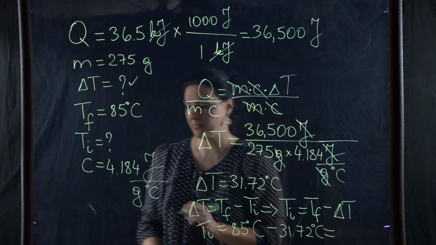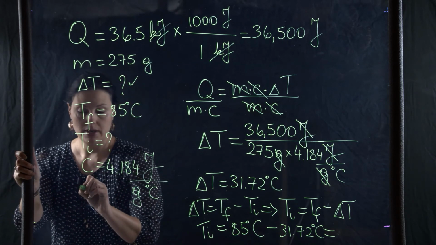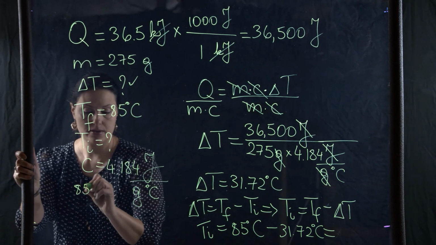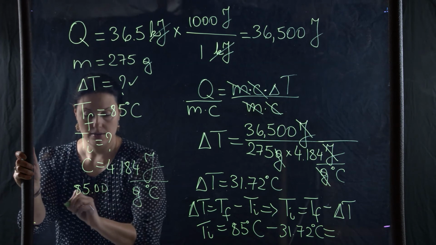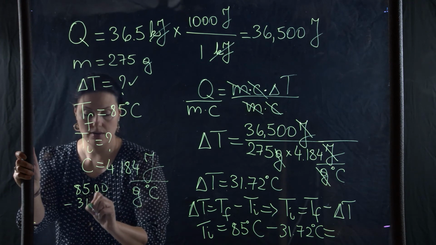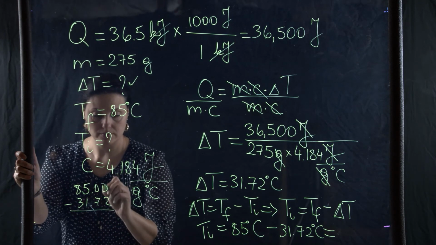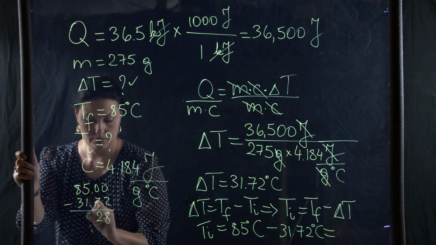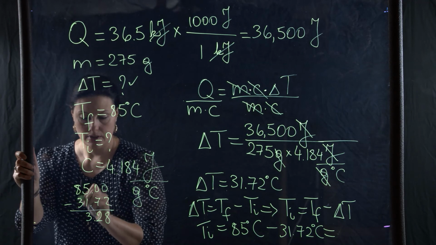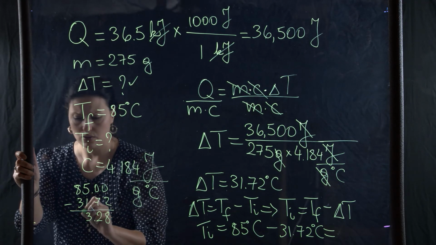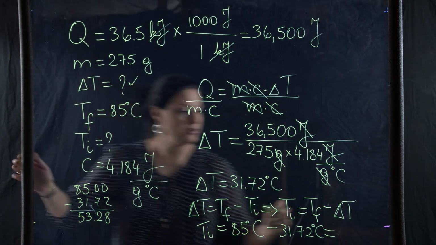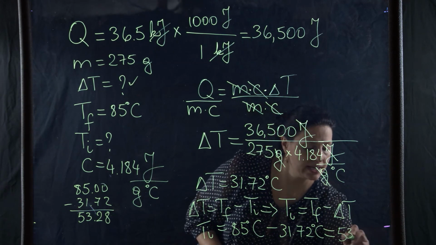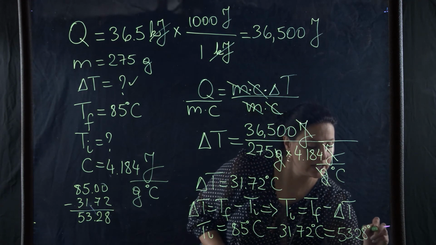Well, let's see. We'll do it over here. 85 minus 31.72 is 53.28 degrees Celsius.